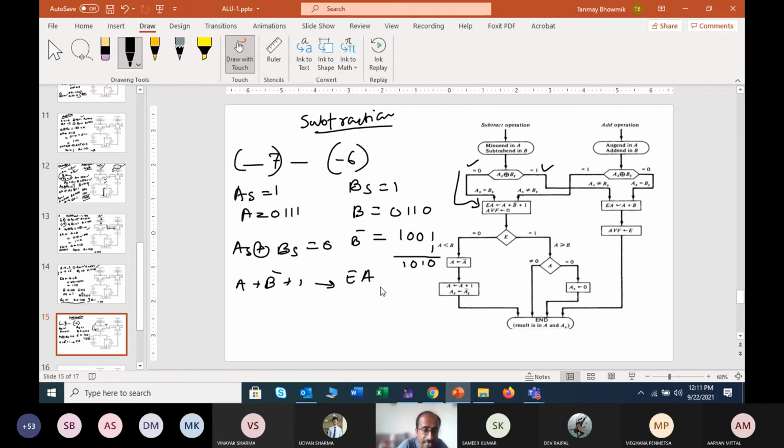So now it should be added with A, and what was my A? It is 0 followed by triple one. So you can simply write, now just add them. It is 0 1 1 0, it is also 1 1 0, it is also 1 1 0, like this. Okay, so this is being stored into your EA.